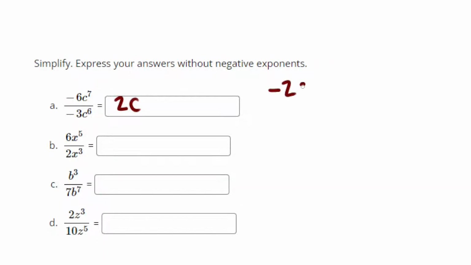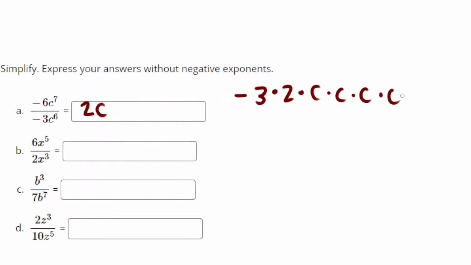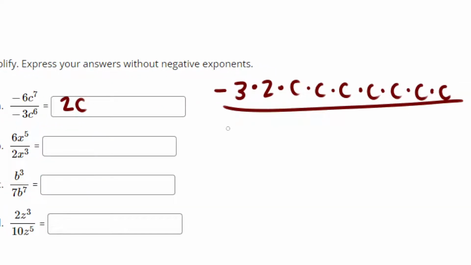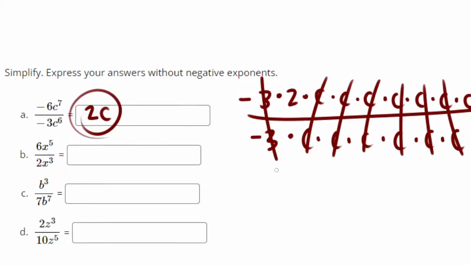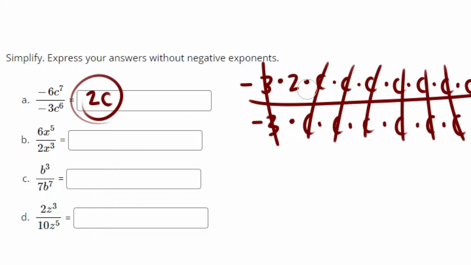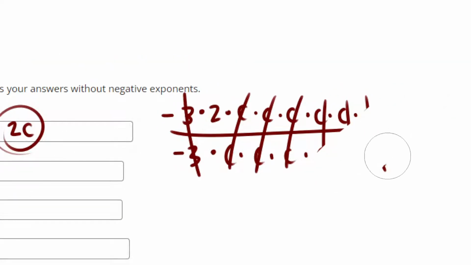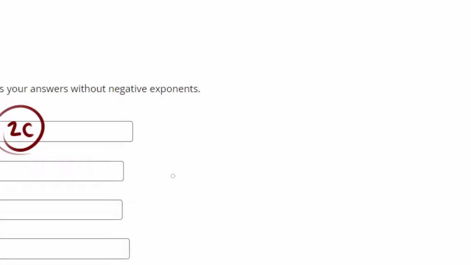So we have negative 6 times c times c times c times c times c times c times c over negative 3 times c. And now we can do some crossing out. So we get boom, boom, boom, boom, boom, boom. And that leaves us with positive 2c, which is what we decided. That's it. Very expanded. You don't have to do that, but sometimes it's helpful if you are not sure what to do.